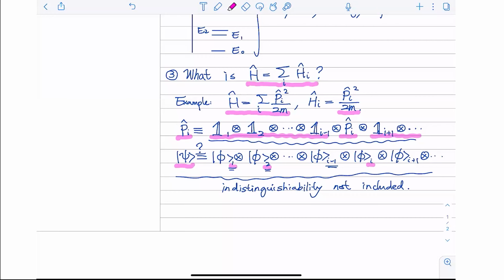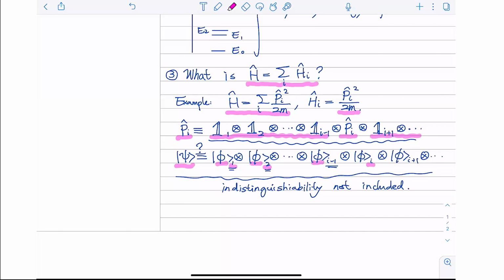And each particle is described by a ket vector phi in the Hilbert space of the ith particle.